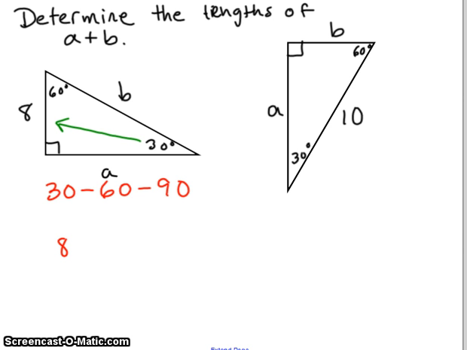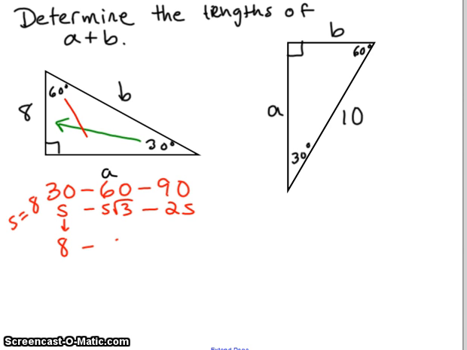Okay, and if you remember the ratios, it's s, s square root 3, and 2 times s. In this case, s equals 8. So all we have to do to figure out the other side lengths: we have a and b.